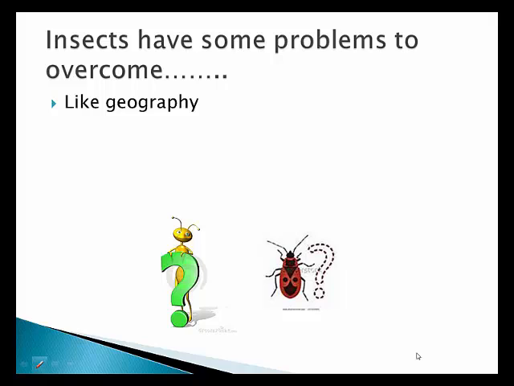A second problem is choosing a mate from a whole bunch of related species that look pretty similar. And what this means is that although most insects have eyes, their ability to visually pick out members of the same species from among many related species is somewhat limited.